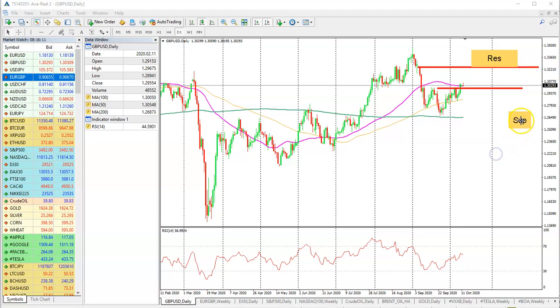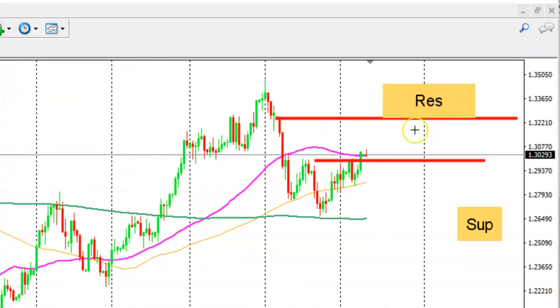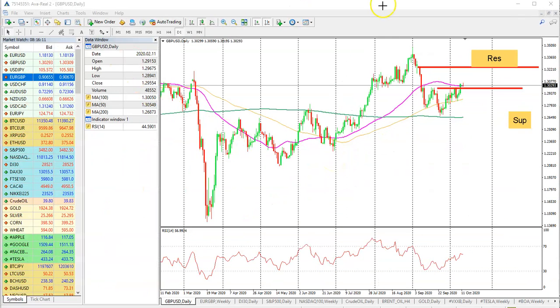When we say support, what we really mean is the area where you want to put your stop losses, just under this particular line, because you can enter right now, since the price is in a battle with its 50-day moving average. Alternatively, one can go into a smaller time frame, because this is your daily time frame.